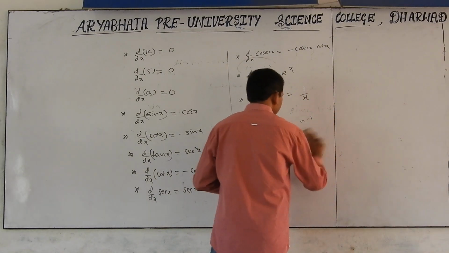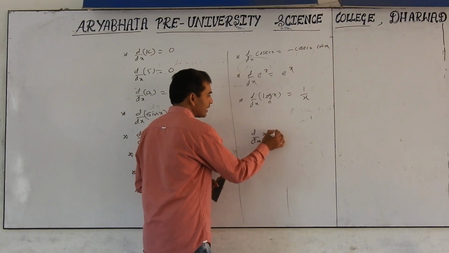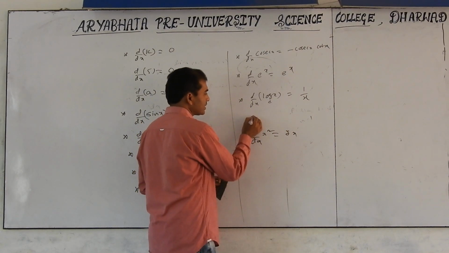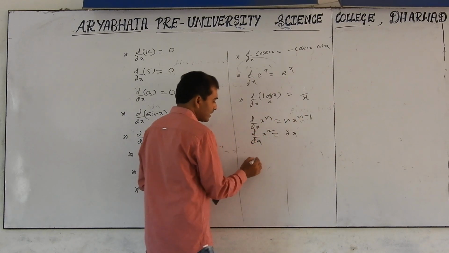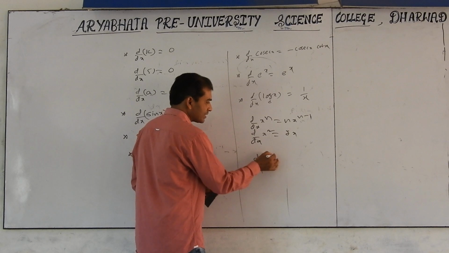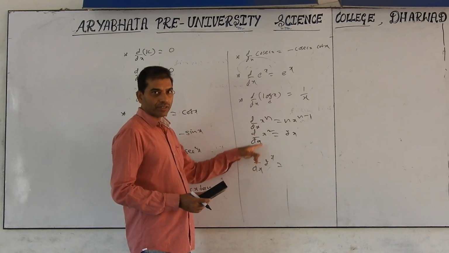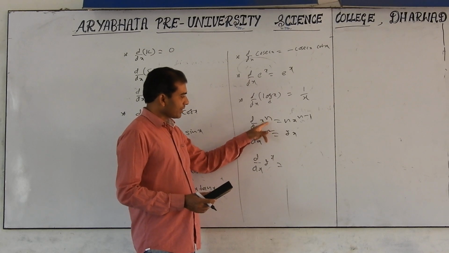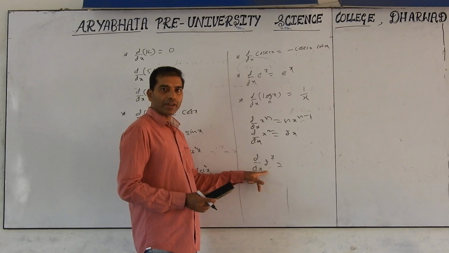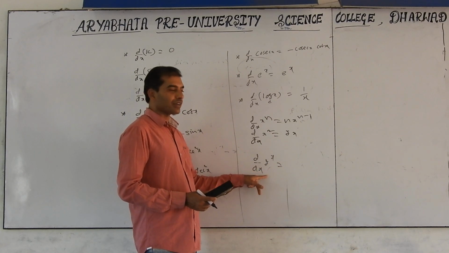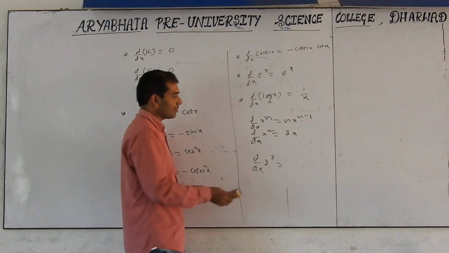See, d by dx of x square equals 2x, because it is in the form of x raised to n. But d by dx of 2 raised to x, is it in this form? No. Why? Because here the power is variable and the base is constant. So 2 power x, 3 power x, 4 power x are not in the form of x raised to n. Those are called exponential form.